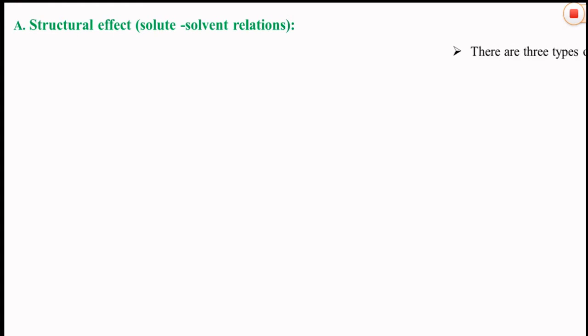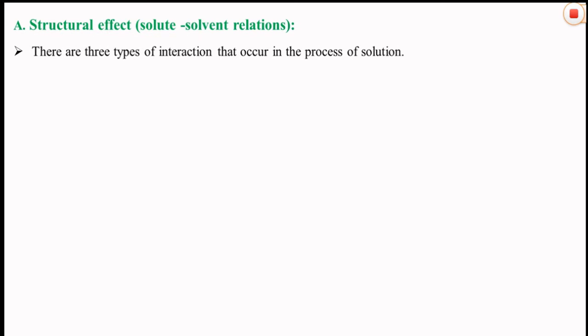We know that the relation between solute and solvent is very important to determine the solubility. When we dissolve any solute in a solvent, three types of interaction occur in the solution process.